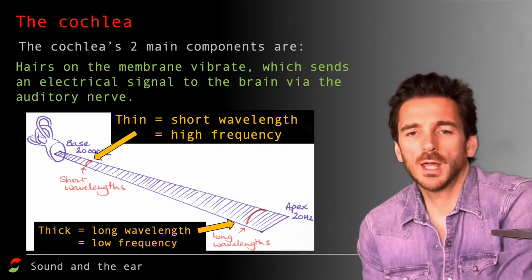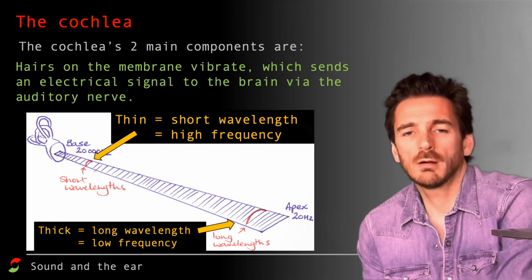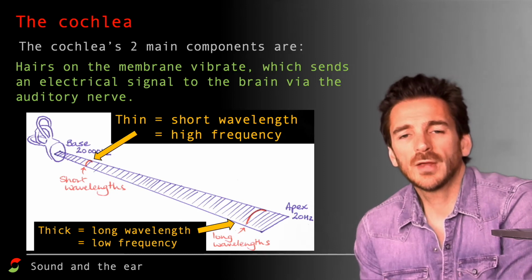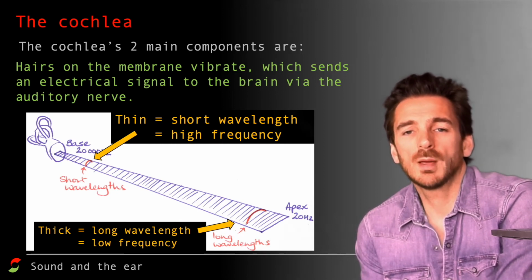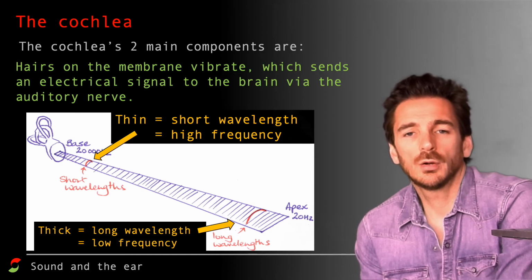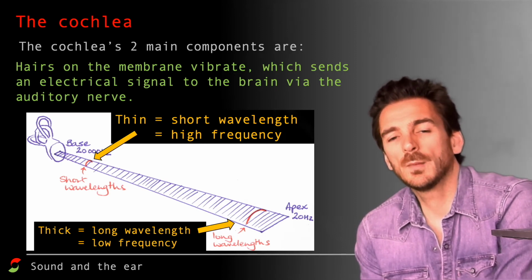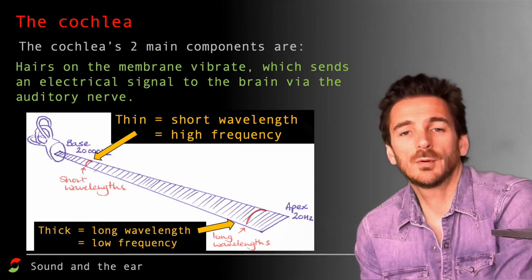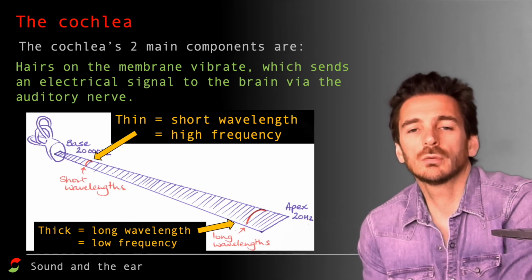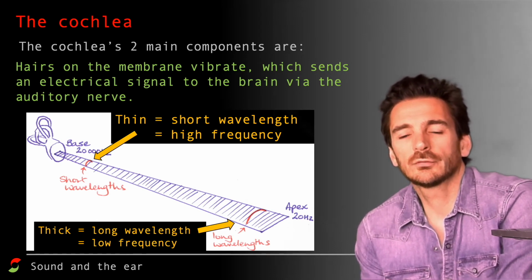So along this membrane there are hairs, and those hairs are excited when the membrane vibrates. So if a certain part of the membrane vibrates, then that hair will vibrate, and that will stimulate an electrical signal along the auditory nerve to the brain.